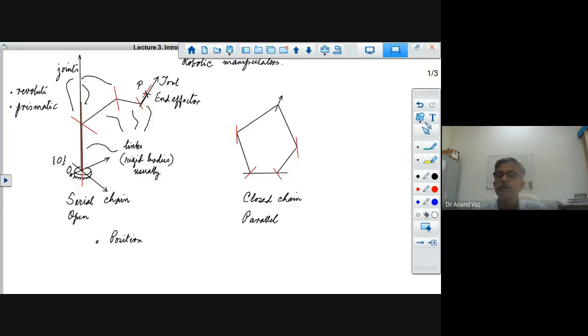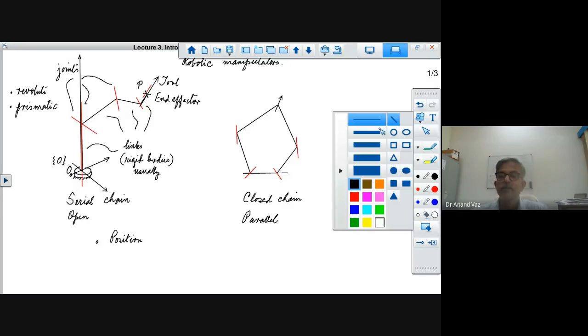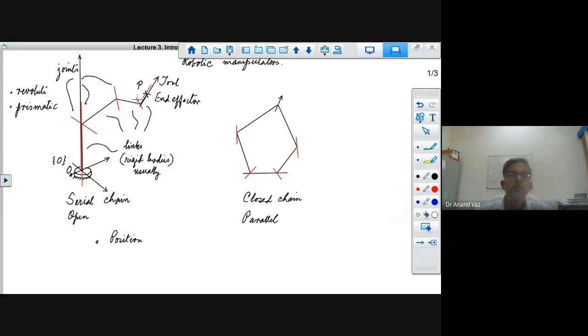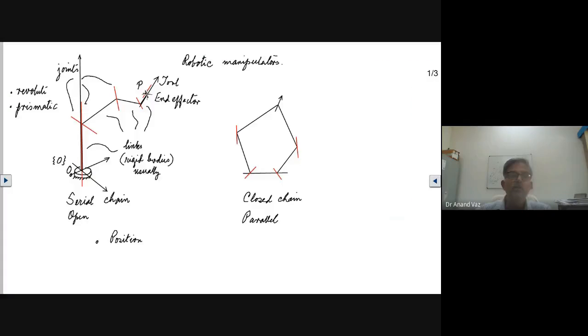So we have to work out this vector. How do we work out this position? This is the position of this point P as seen from the frame 0.